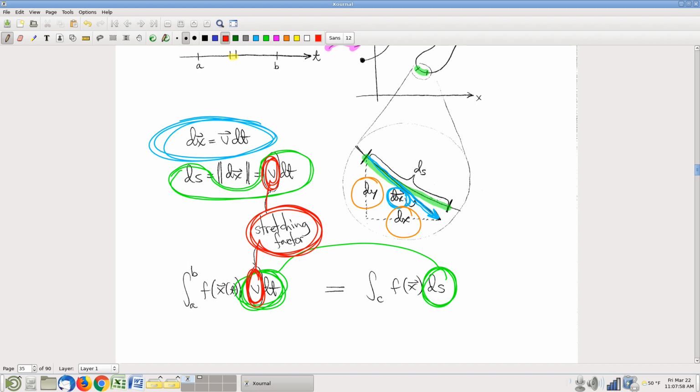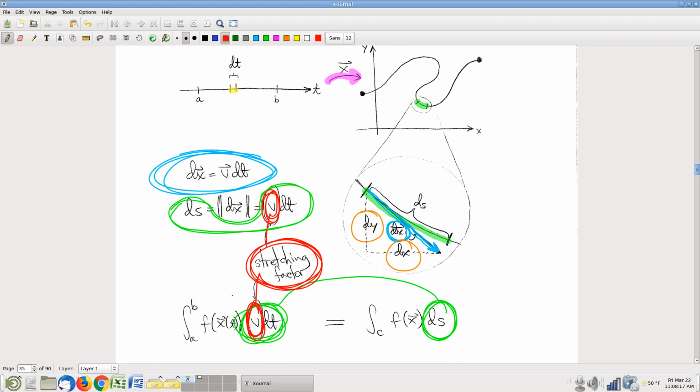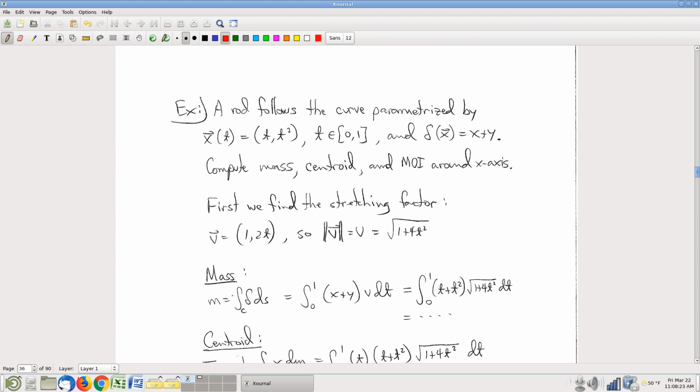So morally, strategically, this construction is just like change of variables. It's just like surface integrals. There's an output size, there's an input size. The green output size relates to the yellow input size by way of a stretching factor. There's the formula for the stretching factor. Plug and chug at this point. Okay. All right. So quick examples.